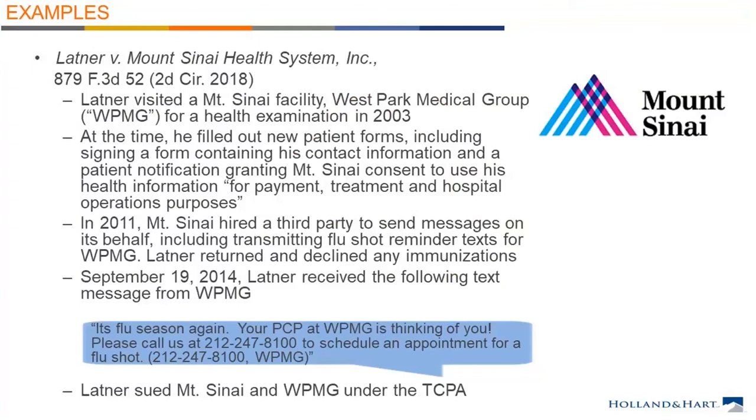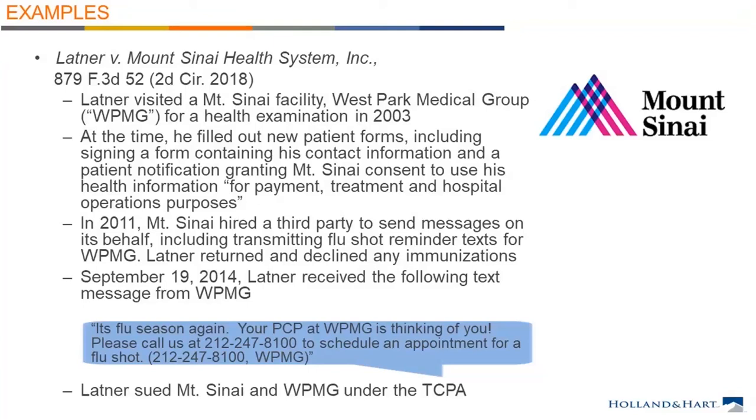He filled out new patient forms, including signing a form containing his contact information and a patient notification granting Mount Sinai consent to use his health information for payment, treatment, and hospital operation purposes. In 2011, several years later, Mount Sinai hired a third party to send text messages on its behalf, including transmitting flu shot reminder texts for West Park.